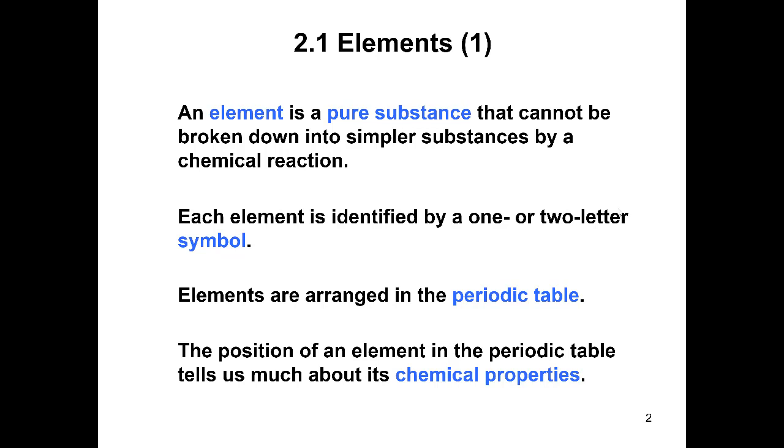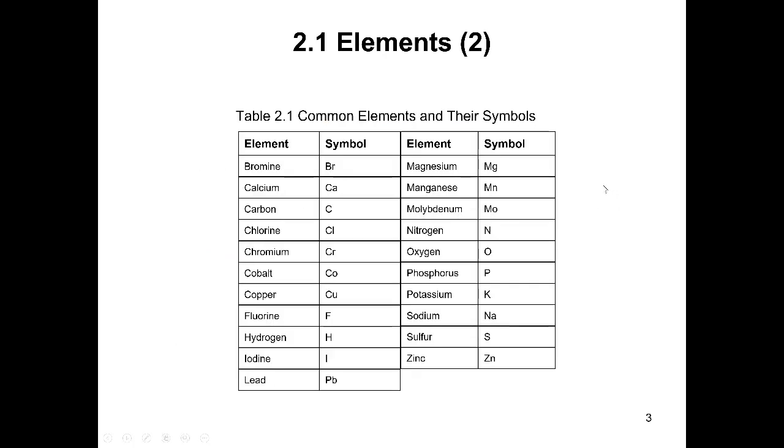The way the periodic table is set up is that you can see things that are similar, so they have similar properties. Here are some examples. Notice that carbon is just the letter C. That one makes a lot of sense.